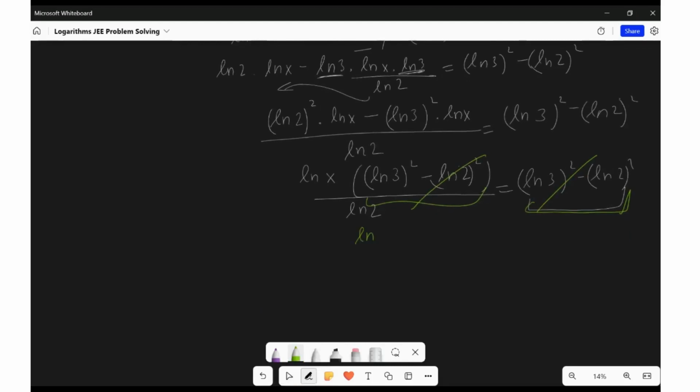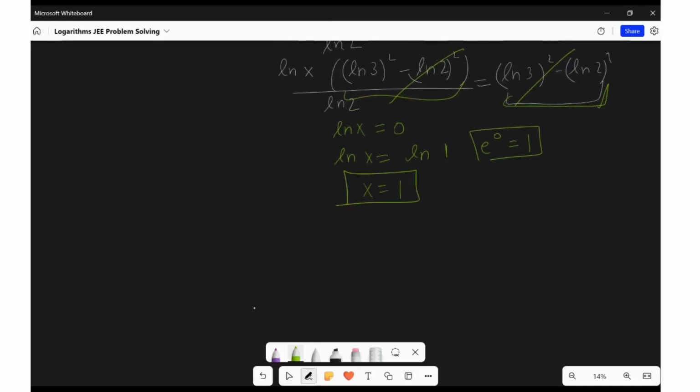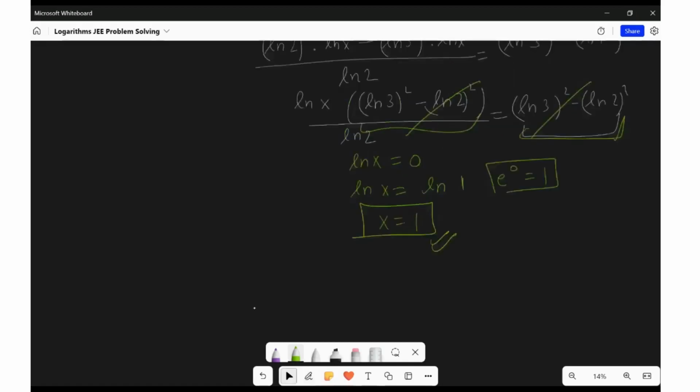So ln x is 0, and so ln x can be written as, suppose ln 1, yeah, because e to the power 0 is 1, so x will be 1. That means there is only one possible value of x, which is 1.